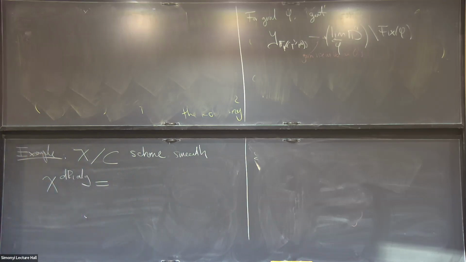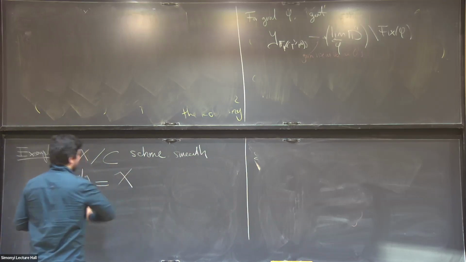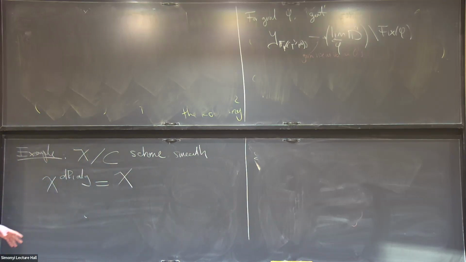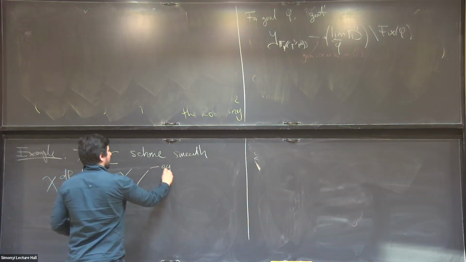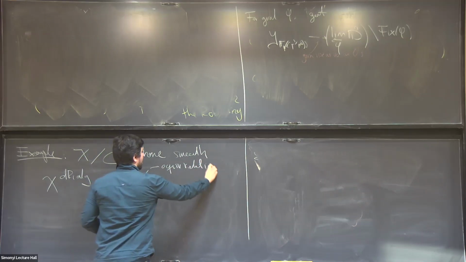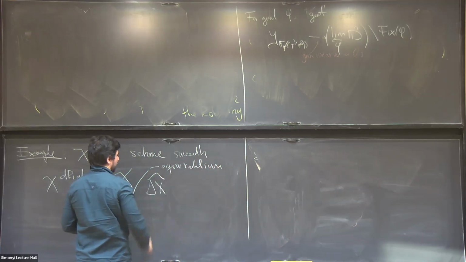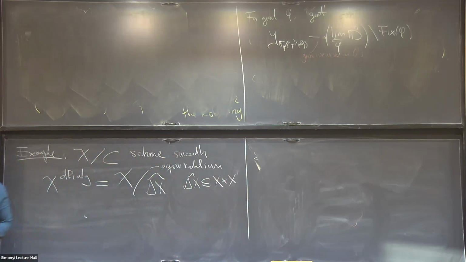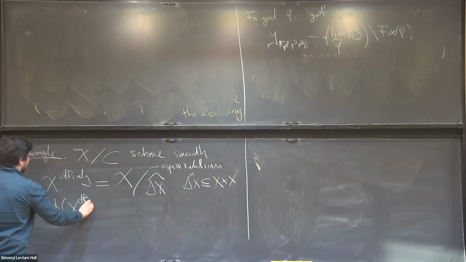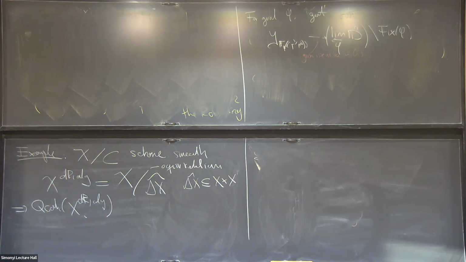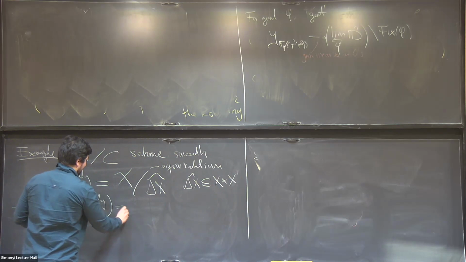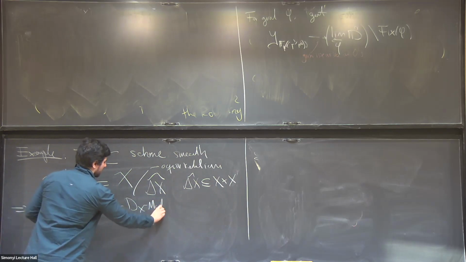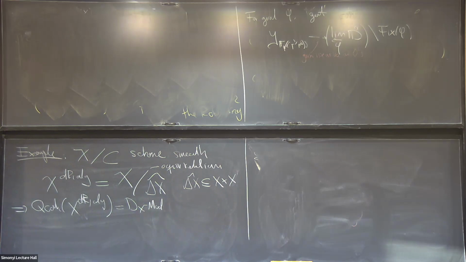It's not a definition, but you can compute it as taking the scheme X, and then you just mod out by some equivalence relation, which is given by the formal completion of the diagonal, which lives in X times X. So it turns out that quasi-coherent sheaves on this stack, which is algebraic, just some functor of points on rings, is the same as D-modules over X itself.